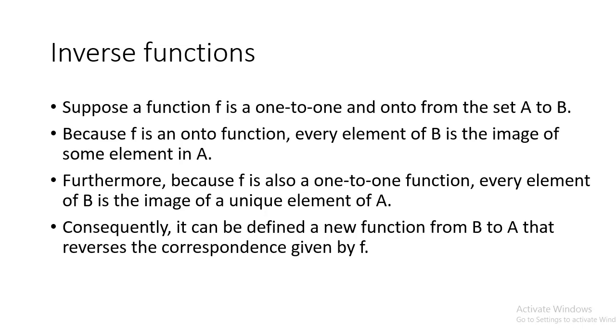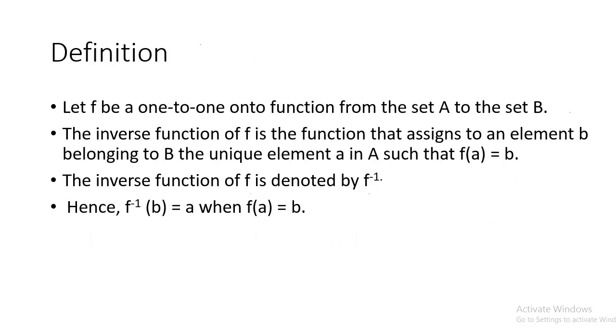Now let's see the definition of the inverse function. Let f be a one-to-one onto function from the set A to the set B. The inverse function of f is the function that assigns to an element b belonging to the set B the unique element a in the set A such that f of a is equal to b.